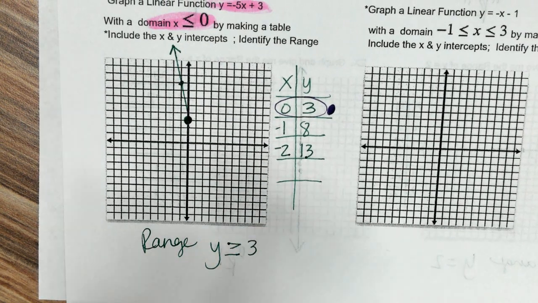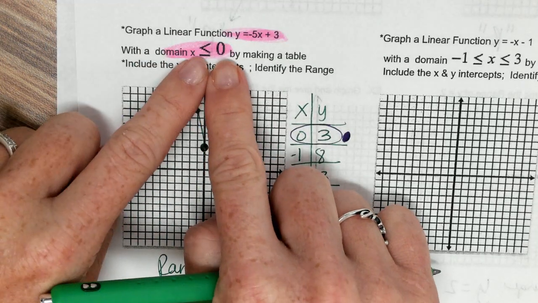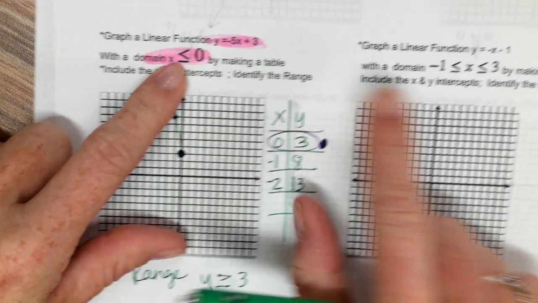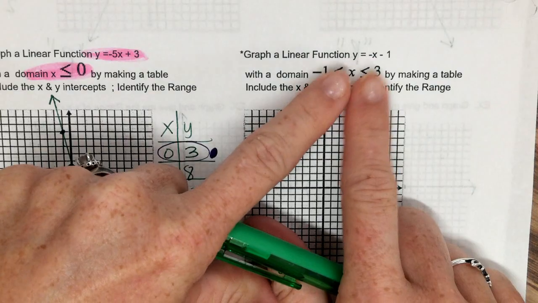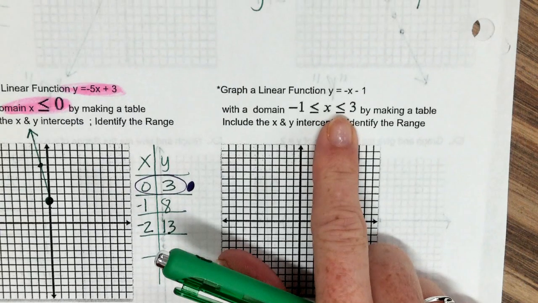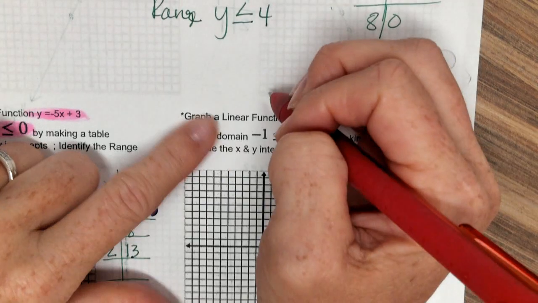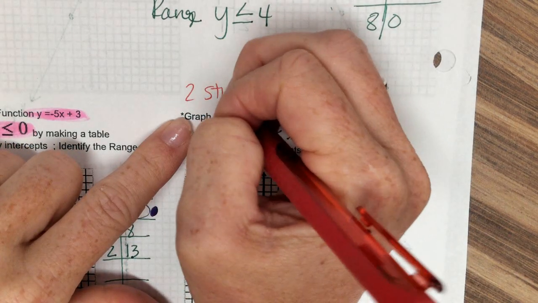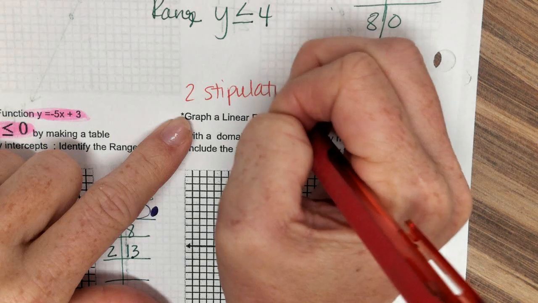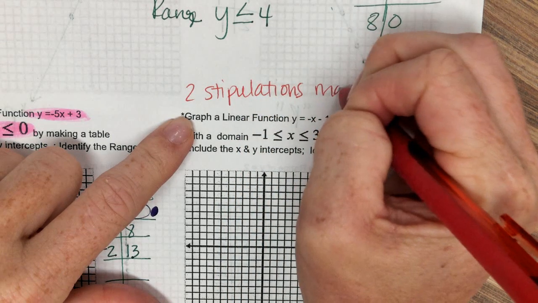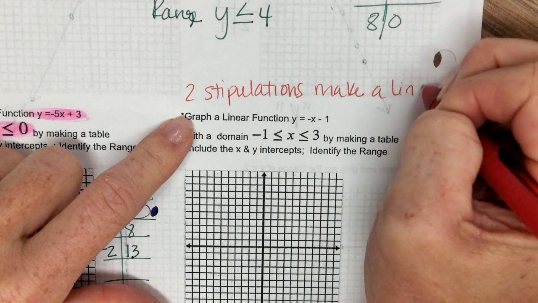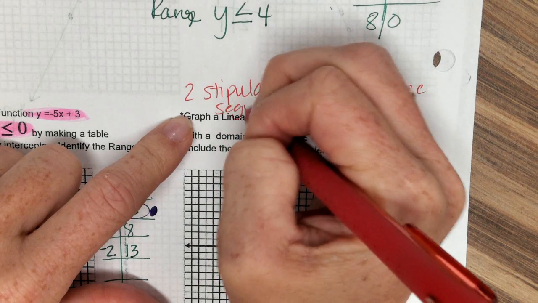Now, how did I know those were rays? Because they had one stipulation. Look at the next one. How many stipulations are there? 2. This is where you know to make a line segment. So write this right up here. If there's 2 stipulations, make a line segment.